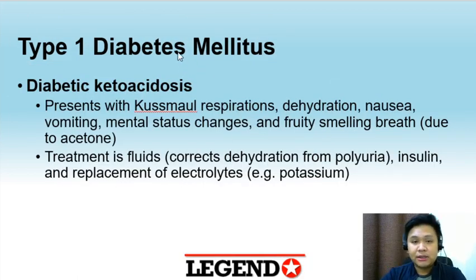Diabetic ketoacidosis often presents with small respirations, dehydration, nausea, vomiting, mental status changes, and a fruity smelling breath, which is due to acetone, one of your ketone bodies. Usually the treatment is fluid replacement to correct dehydration, administration of insulin, as well as replacement of electrolyte imbalances.